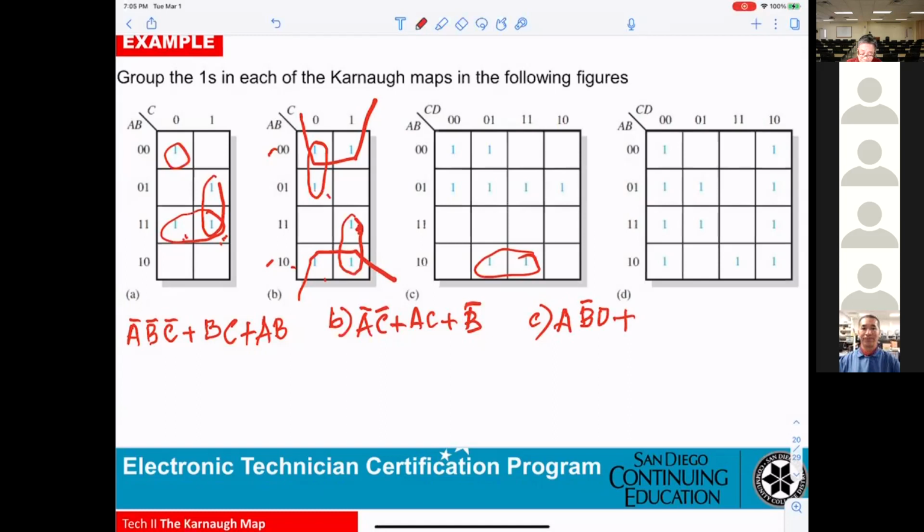The next loop. B, D. D. Not C. Not A, not C. All right.